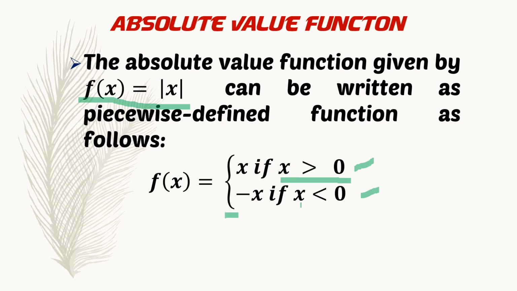And if x is less than 0, you will have a negative input, but your output will still be positive since it is an absolute value equation. So you have two equations with different domains or input. One is positive and one is negative.